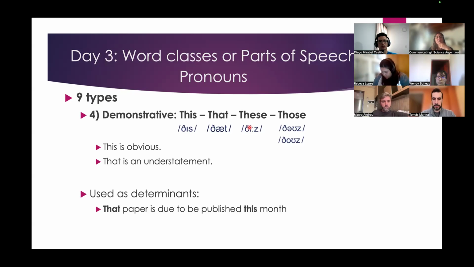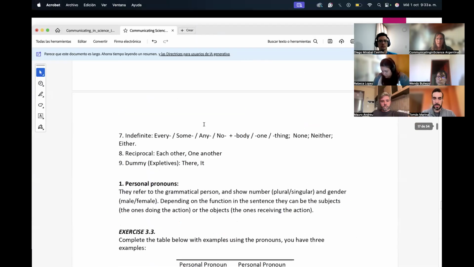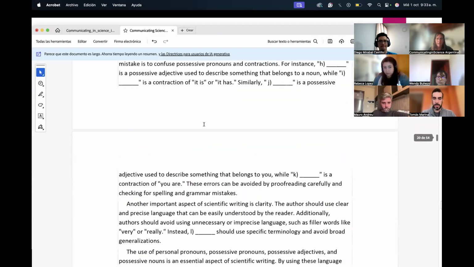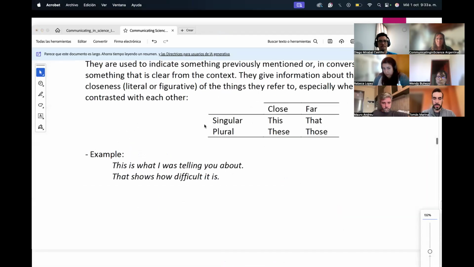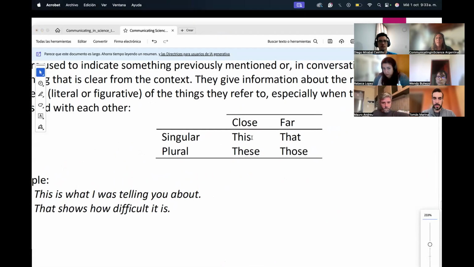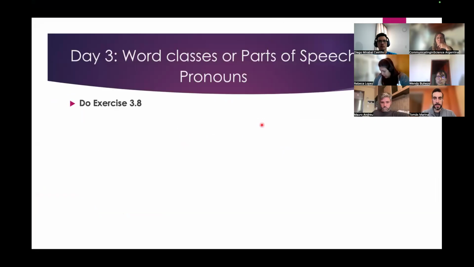I think the table is in the handbook, and we can look at it right now. You will have this when it's close and singular, these when it's close and plural, that when it's singular but far away, and those when it's plural and far away.